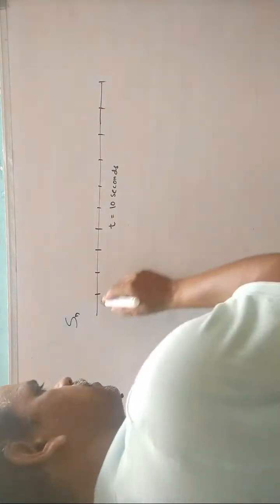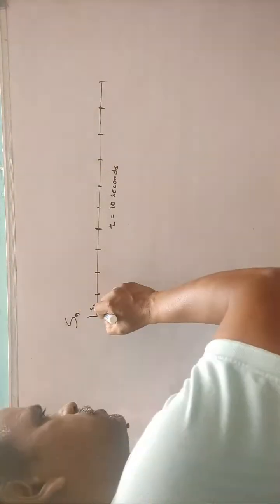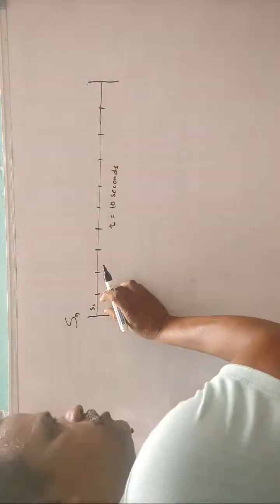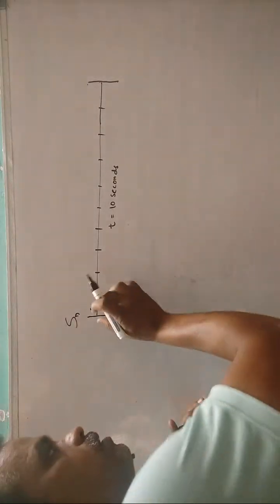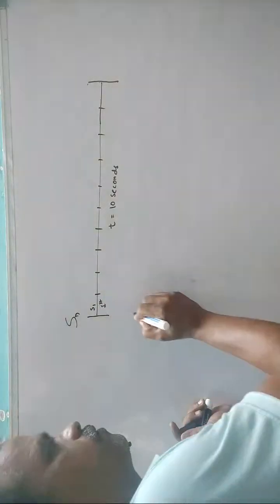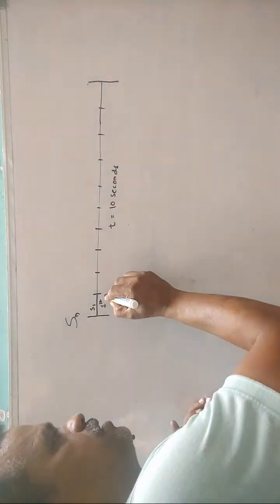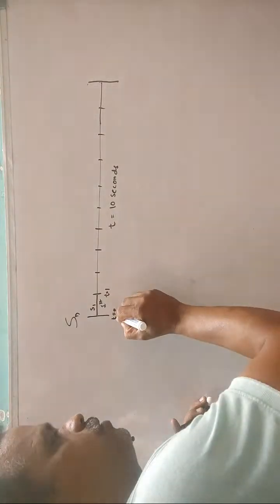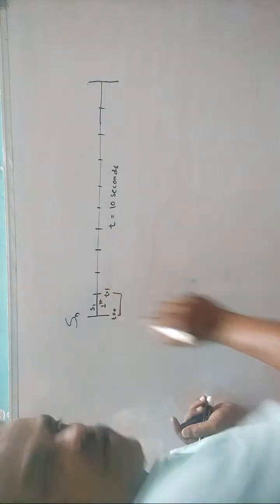So here the body travels for 10 seconds. This is the displacement covered by the body in the first second, S1. At t equal to 0 to t equal to 1, it travels S1 displacement.